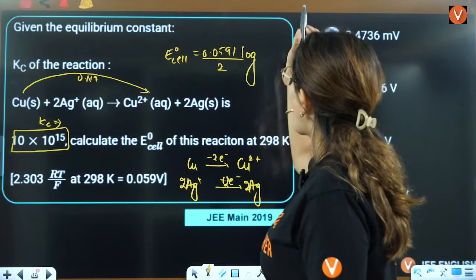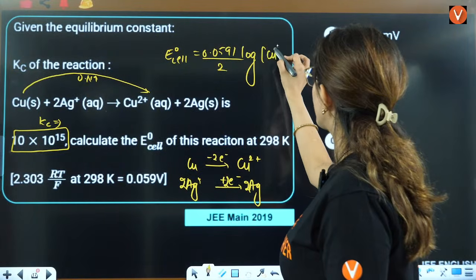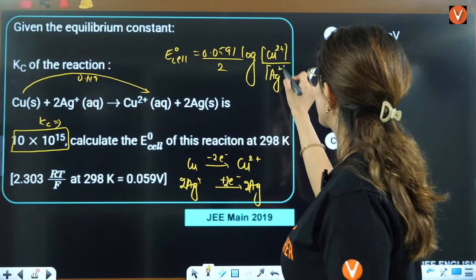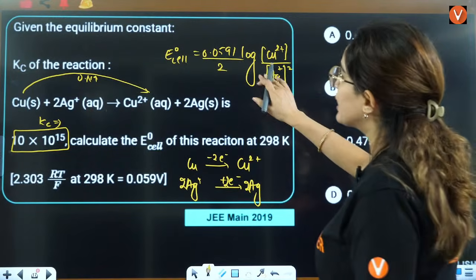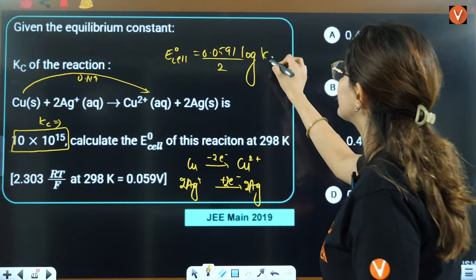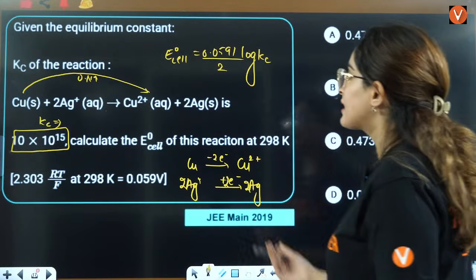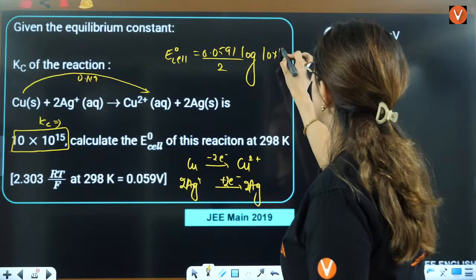This will be log of Qc, which is Cu2 positive divided by Ag positive squared. You can directly write Kc, because at equilibrium Qc equals Kc. Kc value is given to be 10 raised to power 15.